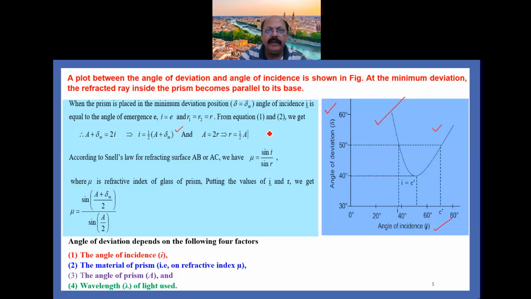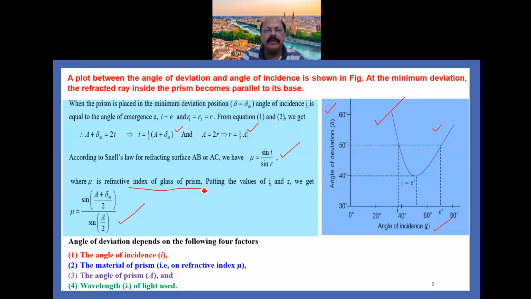This is the value of I and this is the value of R. Then mu is equal to sin I upon sin R. We have to put the values of I and R here. Then what will we get? Mu equal to sin of (A plus delta m) divided by 2, upon sin A by 2, where mu is the refractive index of the glass of the prism.